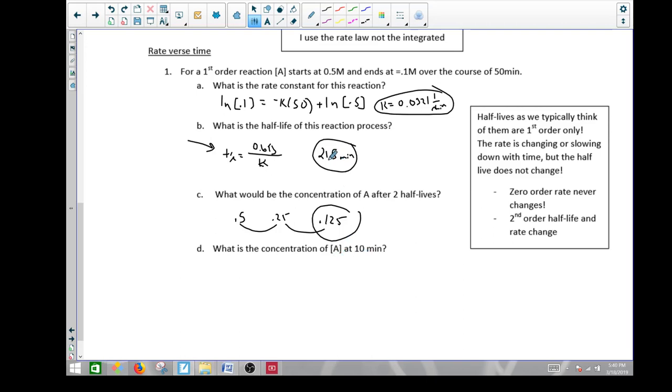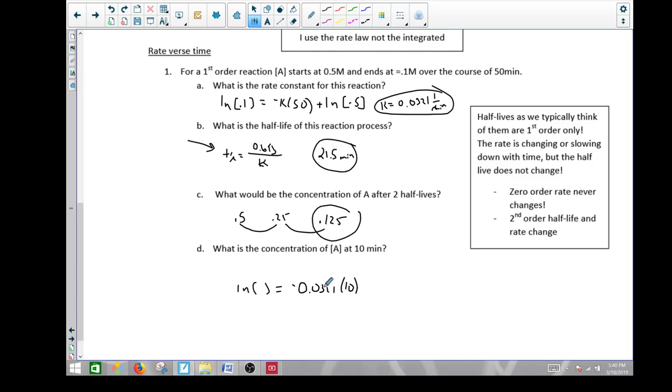What's the concentration of A at 10 minutes? So you can estimate here because we haven't even gone through a half-life, but all you gotta do is take here, go natural log of the concentration equals negative 0.0321 times my time, which is 10 minutes.